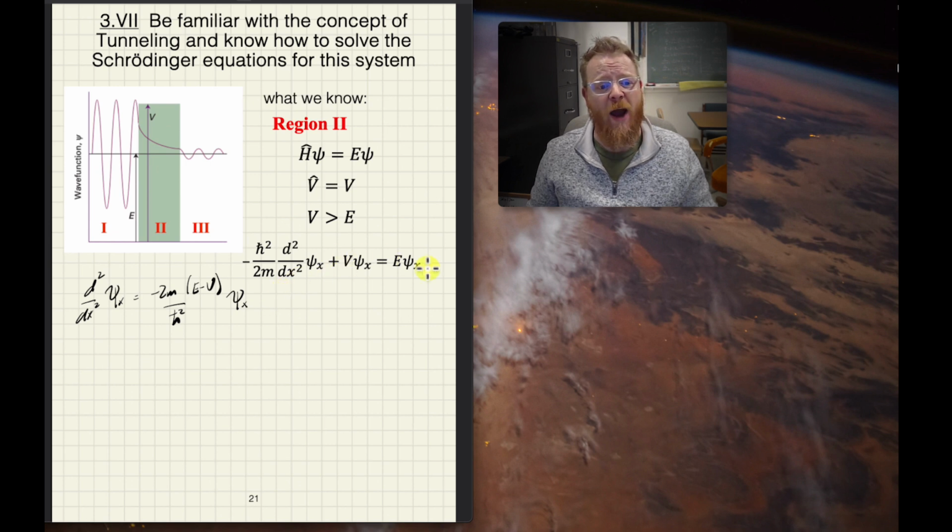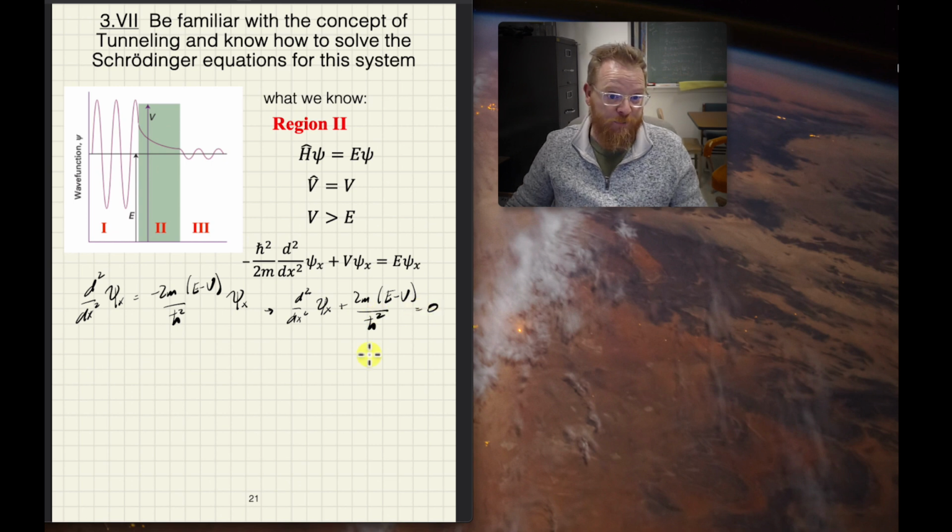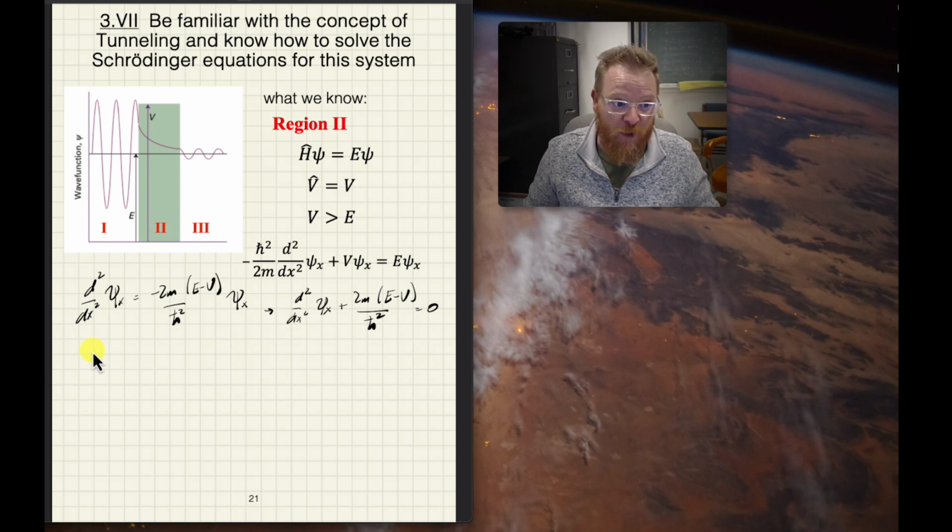So I first subtracted this V over, collected like terms, and then pushed all those constants through. So now rearranging that to the reduced form, right? We have second derivative in psi plus 2m times the quantity E minus V all over h bar squared equals 0.